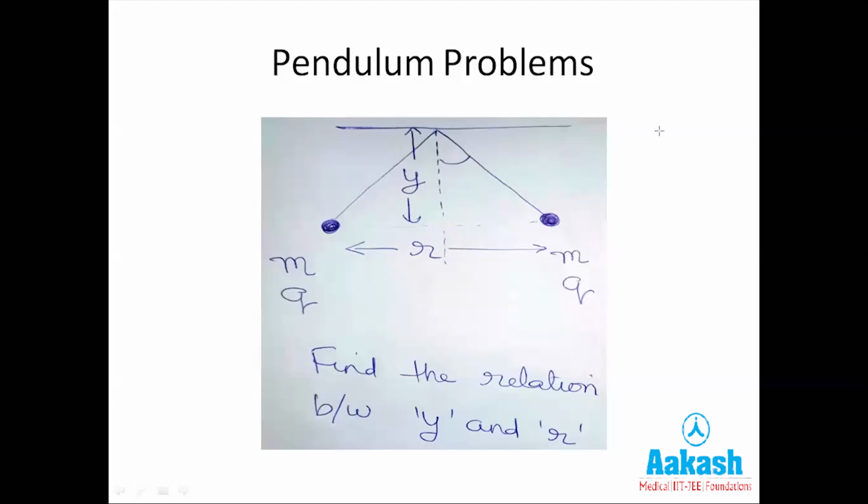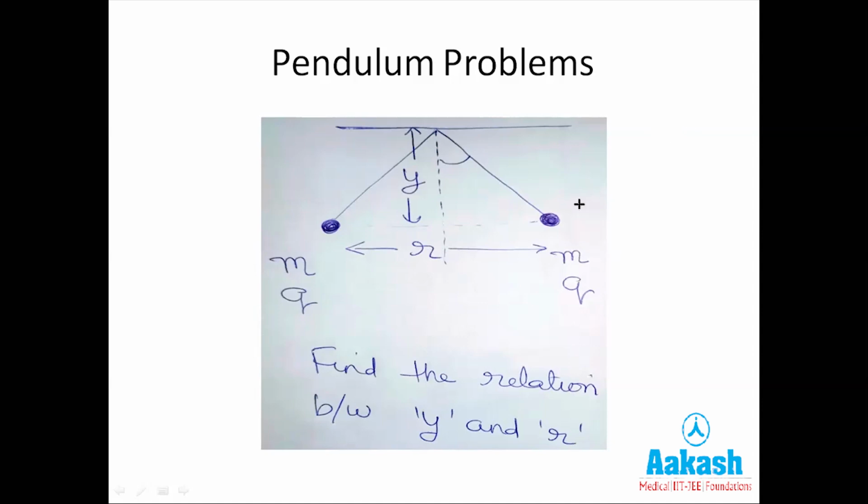Now this category of problems is called pendulum problems. As you can see in this question, there are two particles having masses m and charge q. As both of them have similar charge of similar nature, they will be repelled, and the final distance in equilibrium is r. The height of each particle from the ceiling is y, and they have asked a very simple question: to find the relation between y and r.